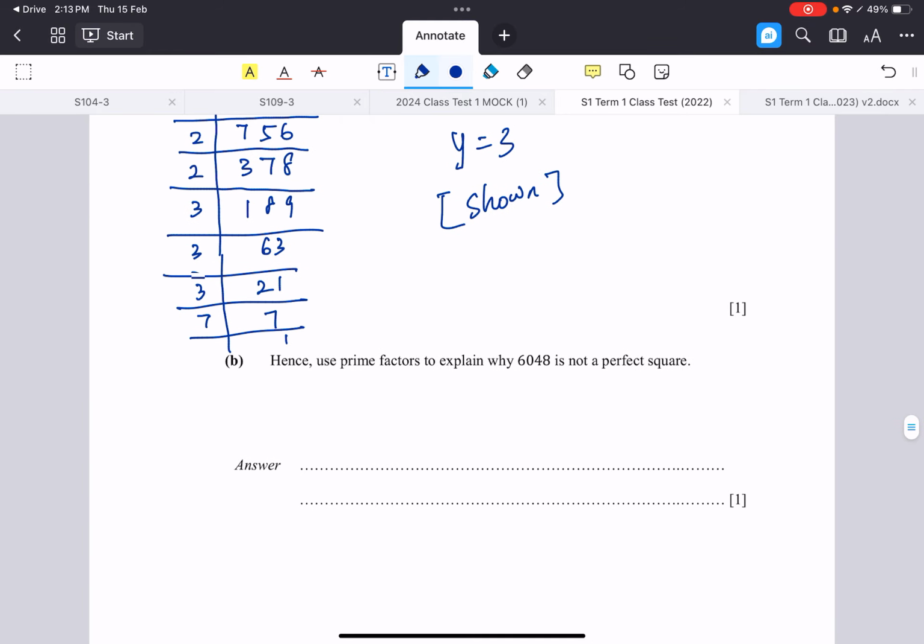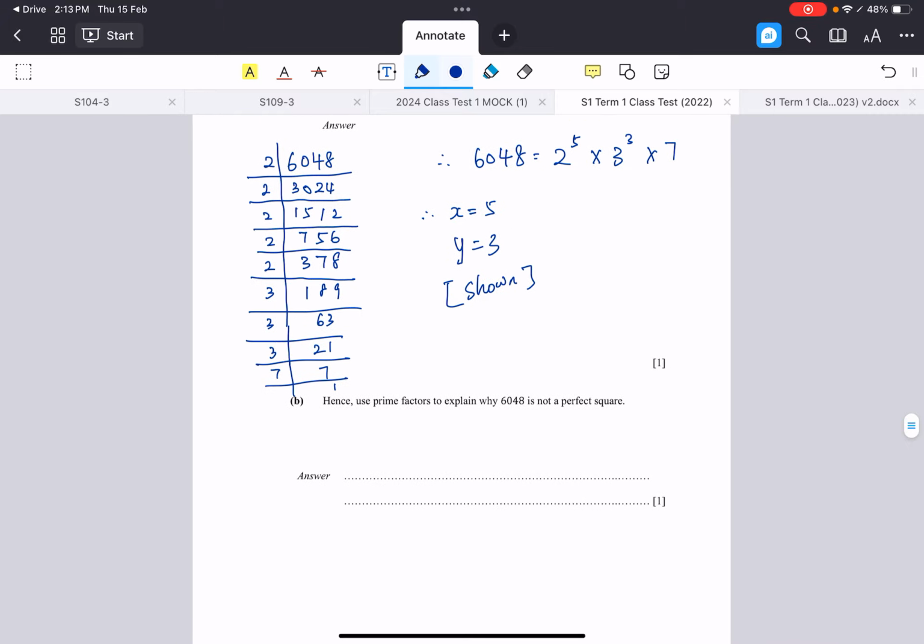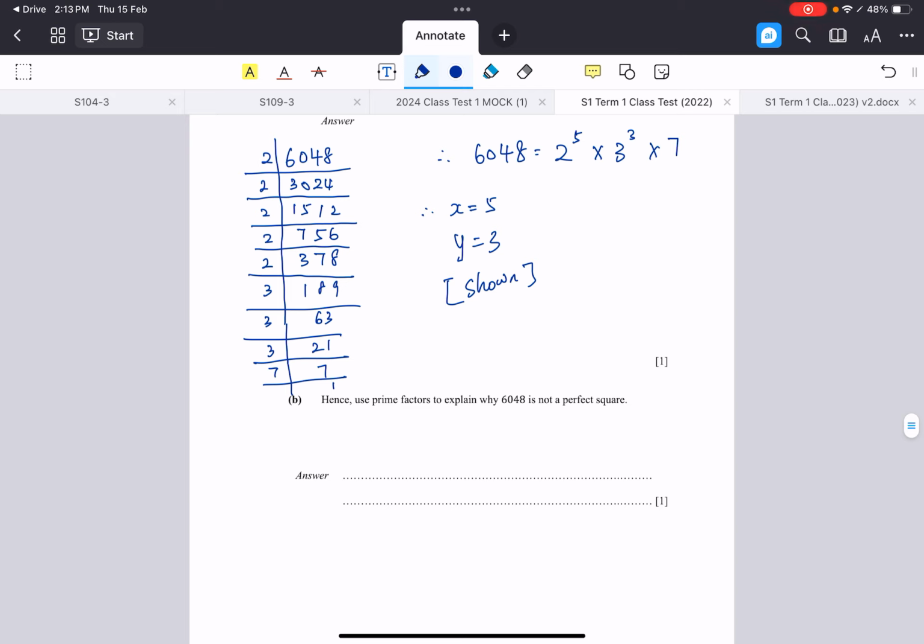Hence, they say use prime factors to explain why 6048 is not a perfect square, right? So we know the definition for perfect square. In order for a number to be a perfect square, the indices, right, the index of each of the prime numbers should be an even number.